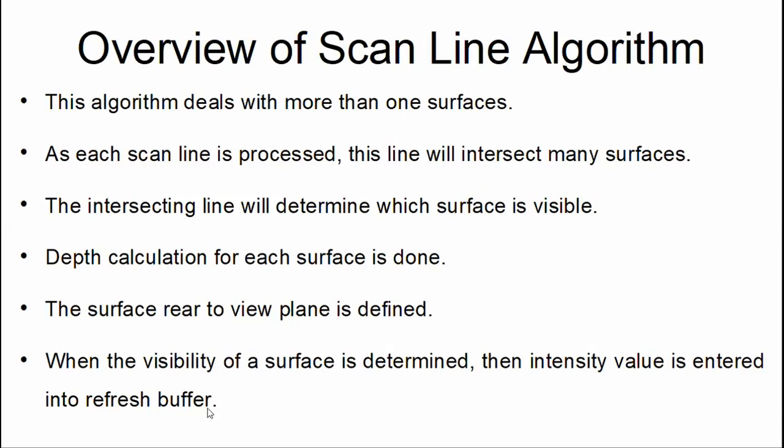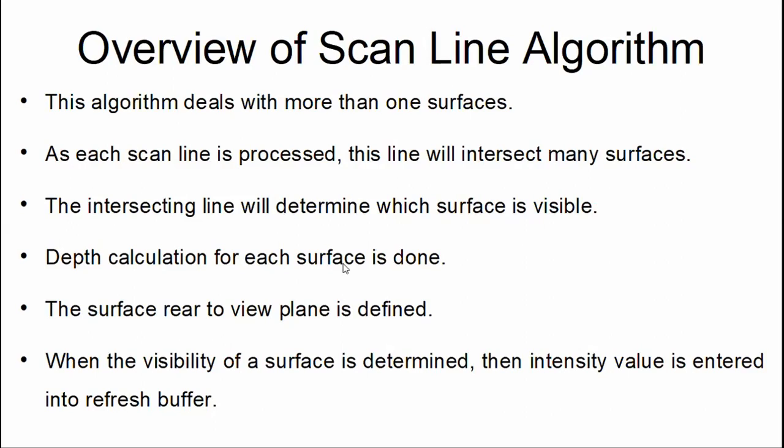So in short, we are intersecting the polygon with the scan lines. From those scan lines we will detect which surfaces are visible, or we can say which are the visible spans and invisible spans. If some spans are contained in more than one polygon, then we will use the Z buffer algorithm here.